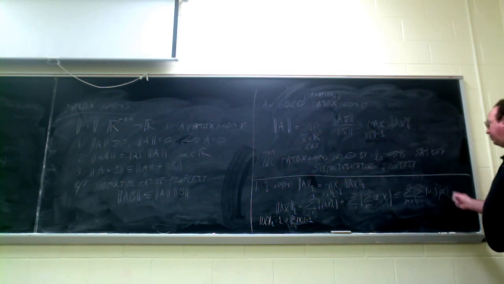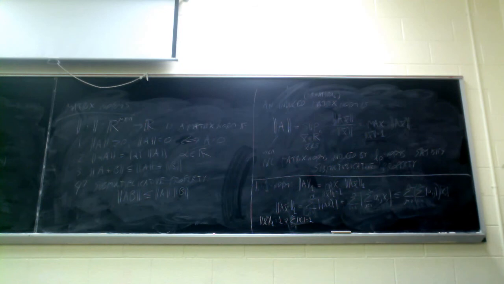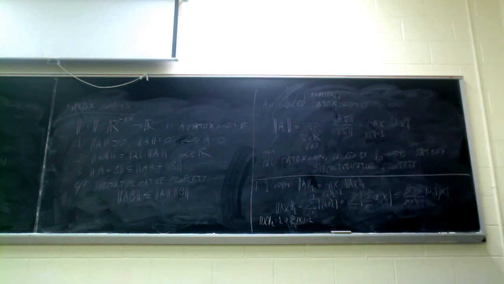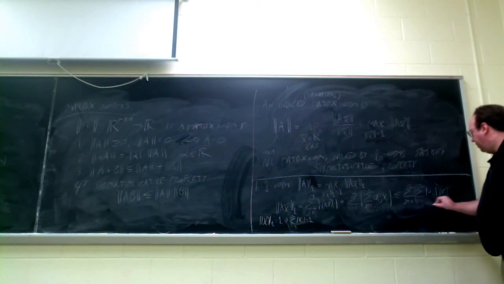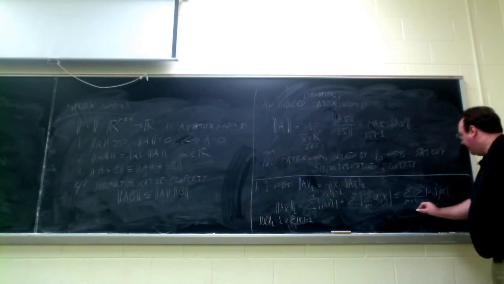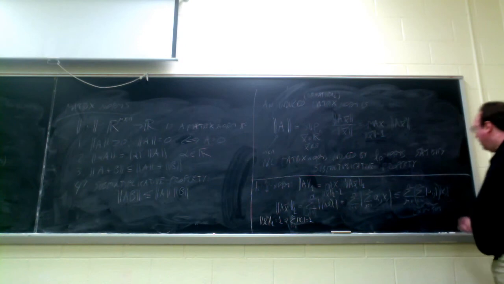So I'd like to get an upper bound for this that has nothing to do with x, but I need to take advantage of the fact that the sum of all of these is equal to 1. This inner sum here is a column sum.